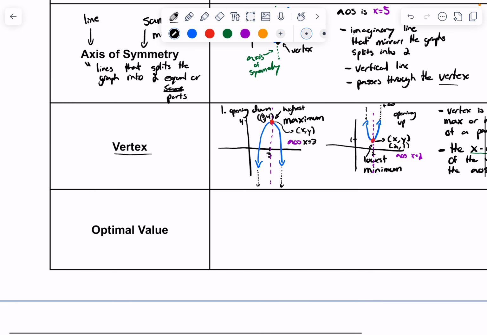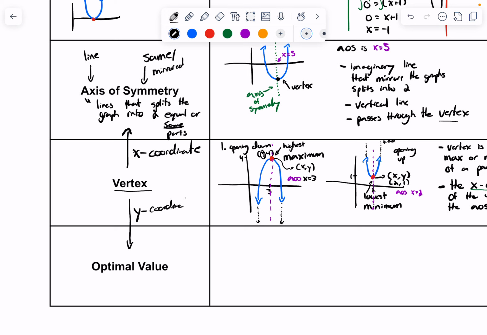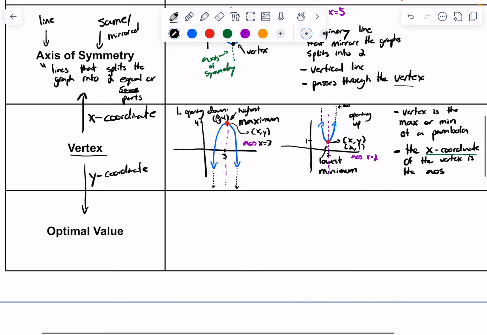Just like the x coordinate of the vertex was the axis of symmetry, the optimal value is the y coordinate of the vertex.